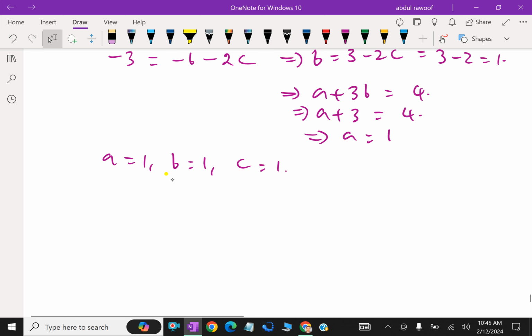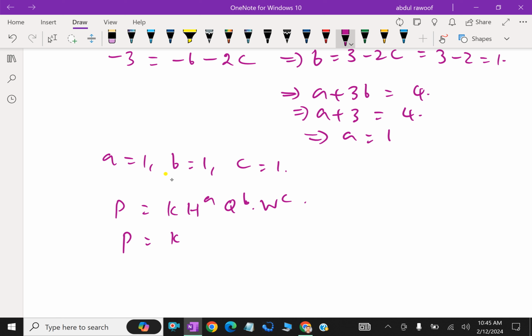Now applying these power values in the expression, P is k times H power a, Q power b, and W power c. That is, power equal k times H power 1, Q power 1, and W power 1.